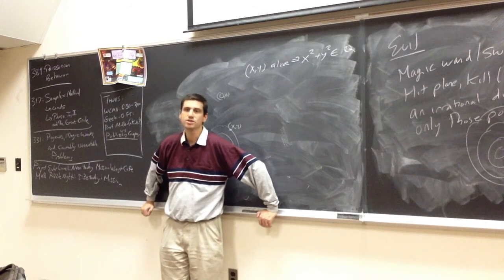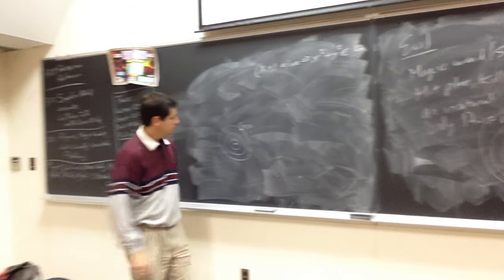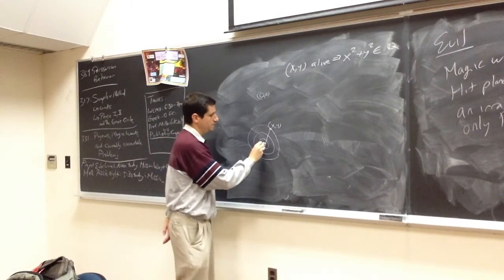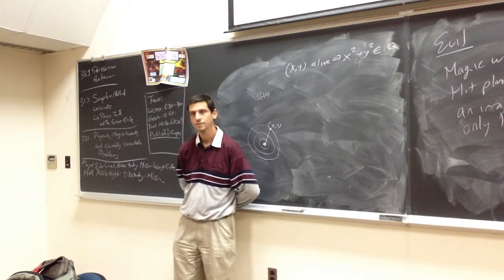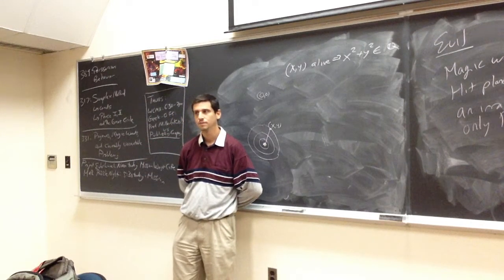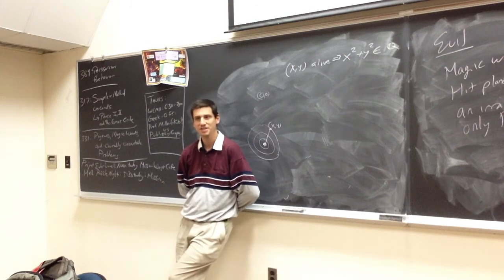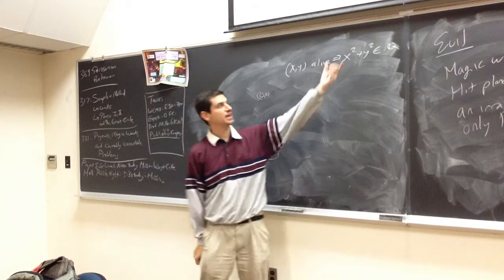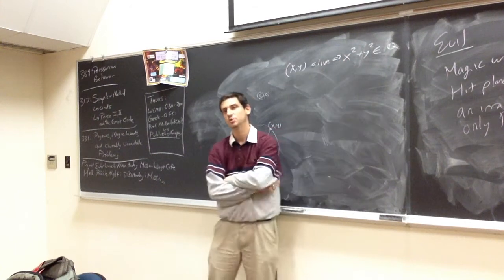So what does it mean if I survive? What's true about a point that survives? This is by definition. It's a rational distance. So I know more than just x squared plus y squared is rational. I know the square root of x squared plus y squared is rational.